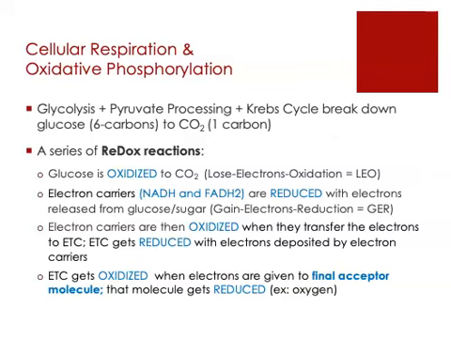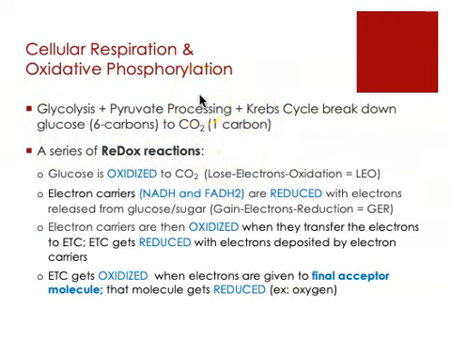So, the processes of glycolysis, followed by pyruvate processing, followed by the Krebs cycle, are the combination that's going to break down a glucose, a 6-carbon molecule, to a carbon dioxide, which is a 1-carbon molecule. So we're going to get 6-carbon glucose broken down to 1-carbon carbon dioxide.